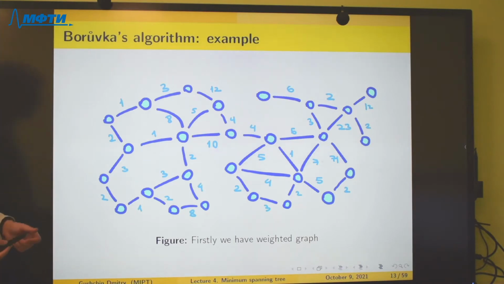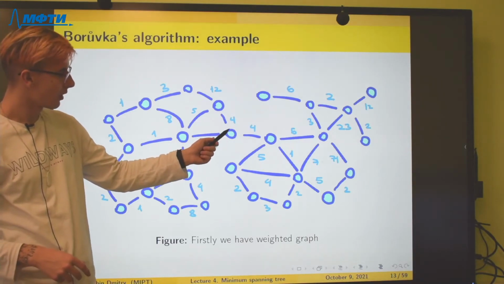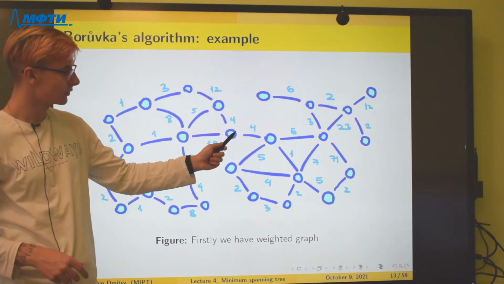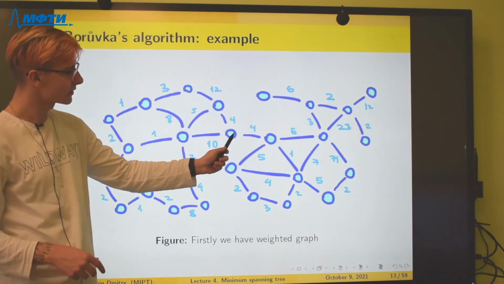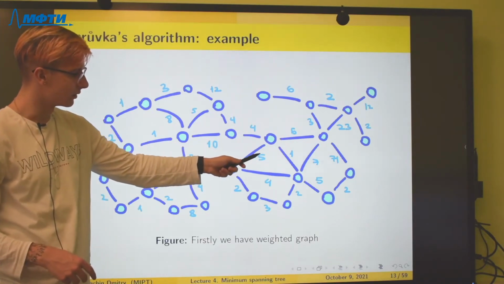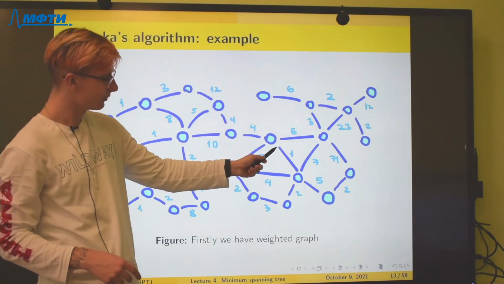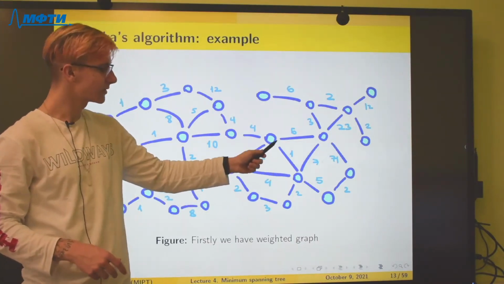But for example, for this vertex, we can add this edge or this edge. But for this vertex, if we add this edge, we can say, okay, there is an edge that has minimum weight, and we add it too.